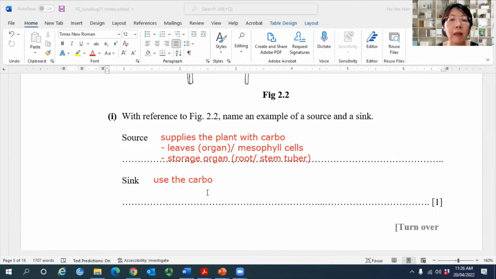And the carbohydrate can be used in two ways. Please remember, two ways. What are the two ways? First, the very basic one: all cells will use carbohydrate for what purpose?